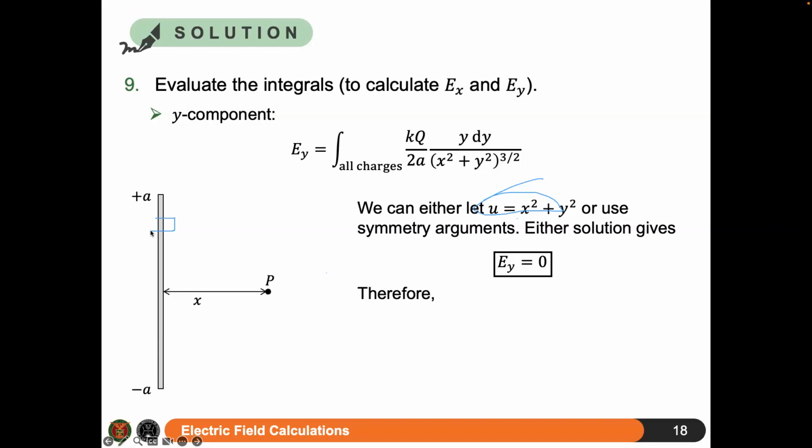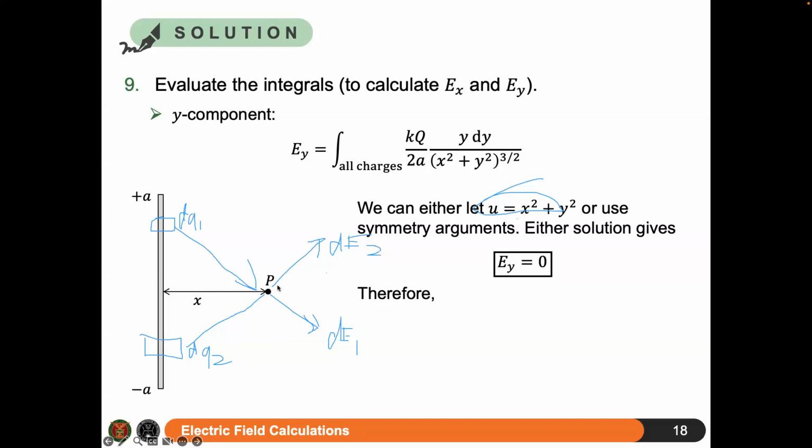Why? Because if we choose a dq here, this is dq1, which has a dE1 here. Now if we choose another dq on the opposite side, it has a dq2, with dE2 pointing upward.